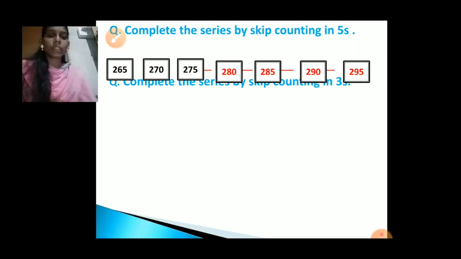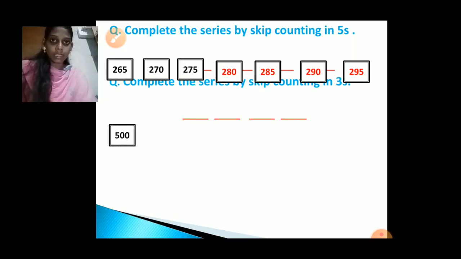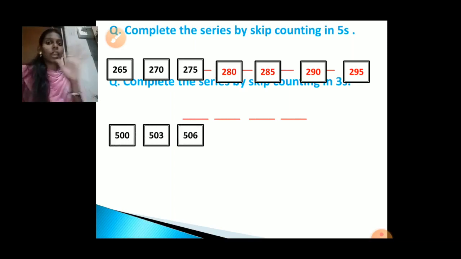See the question: 500, then 503, 506. After 500, if we skip 3 numbers, we get 503. After 503, if we skip 3 numbers, we get 506.